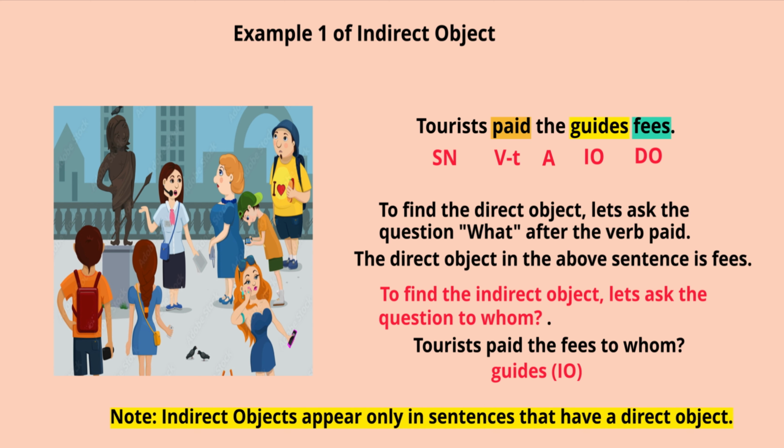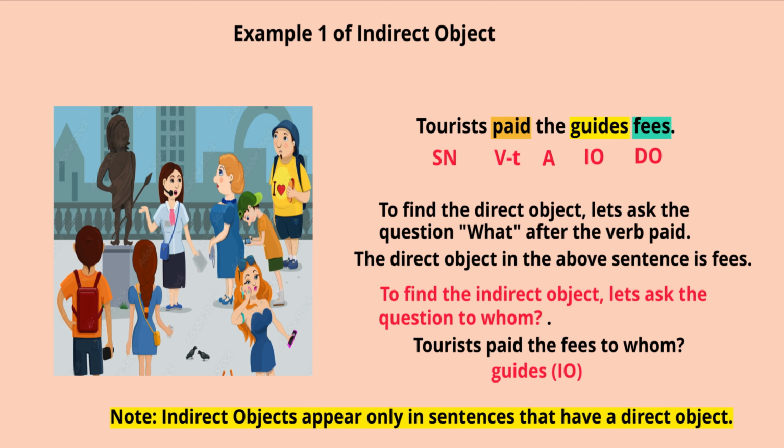So in the picture, what do you see? You see a guide explaining to all the tourists, right? Tourists paid the guide's fees. So here the subject noun is tourists, and to find the direct object, what should we ask? We need to ask the question what after the verb paid.